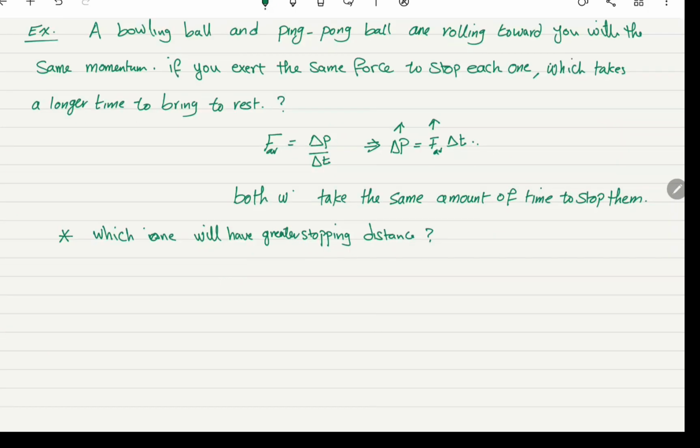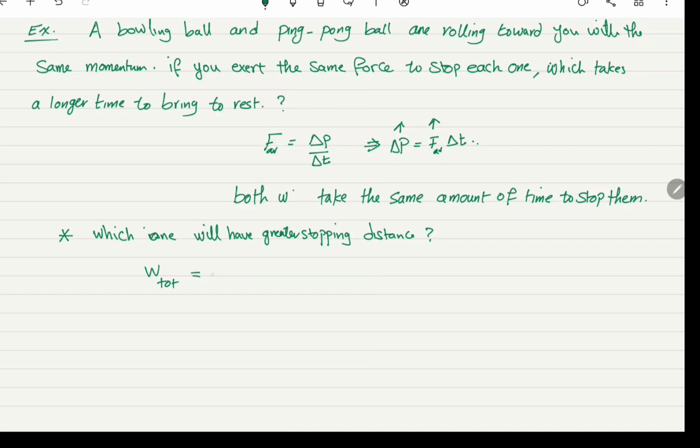Now, to answer this question, let's go back to the work energy theorem. Work total equals delta K. Remember, the ball with less mass will have greater speed and therefore greater kinetic energy, because kinetic energy is related to V squared.